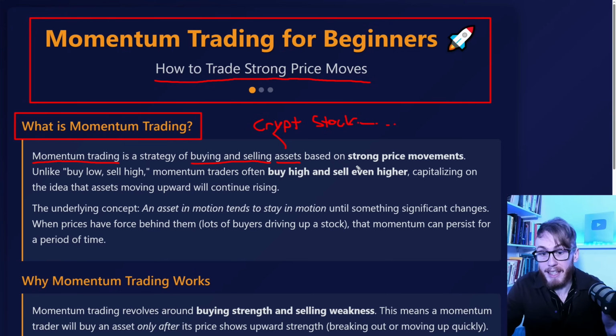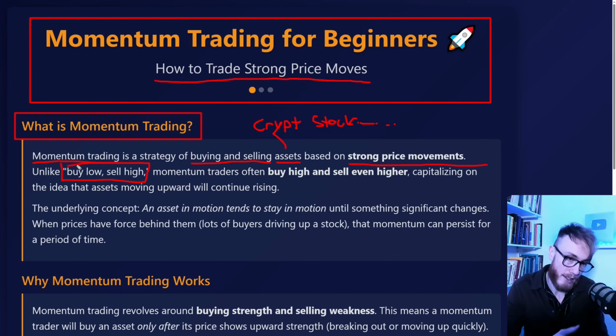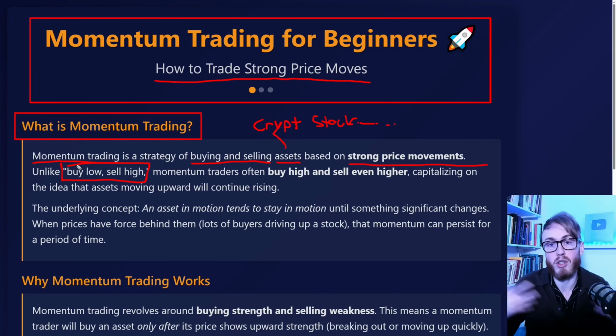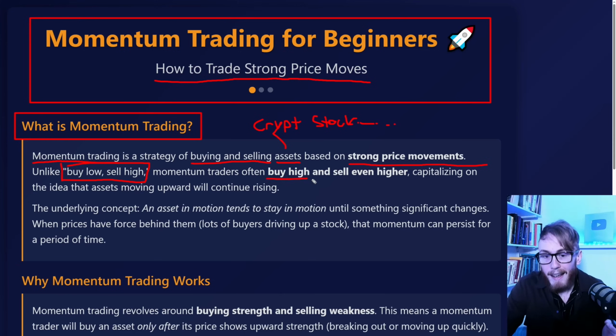But the important thing here is that we are buying and selling assets based on strong price movements. So as I mentioned, unlike buying low and selling high, which is the most common way to think about trading, momentum traders often buy high and sell even higher. I really like this way of thinking about it.